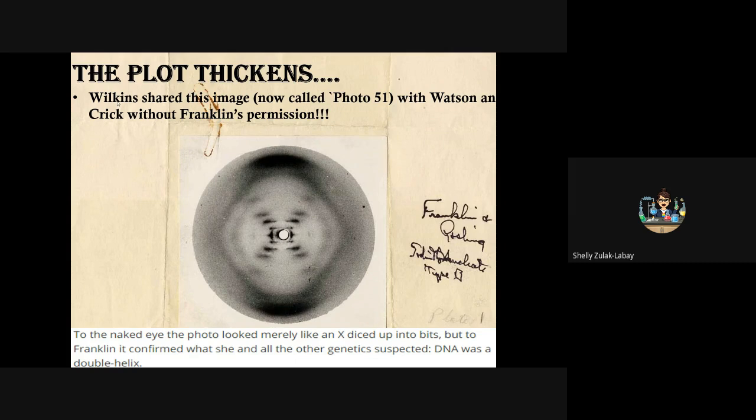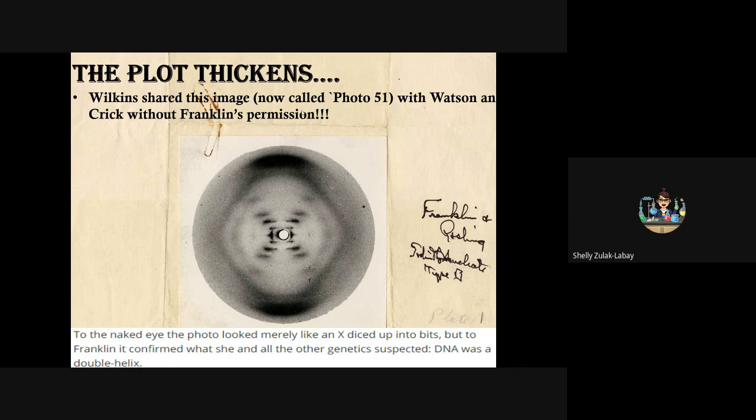So Maurice Wilkins, her colleague she wasn't getting along with, shared this photograph called Photo 51, the wet B-form image. We call it Photo 51. I wish I had a great, awesome story to share with you, but it's literally the 51st picture.